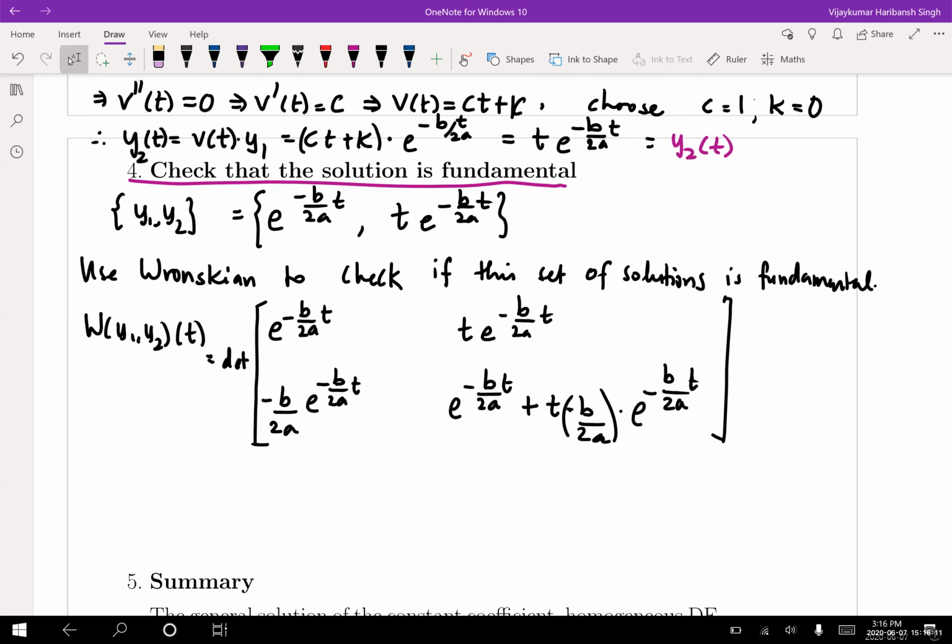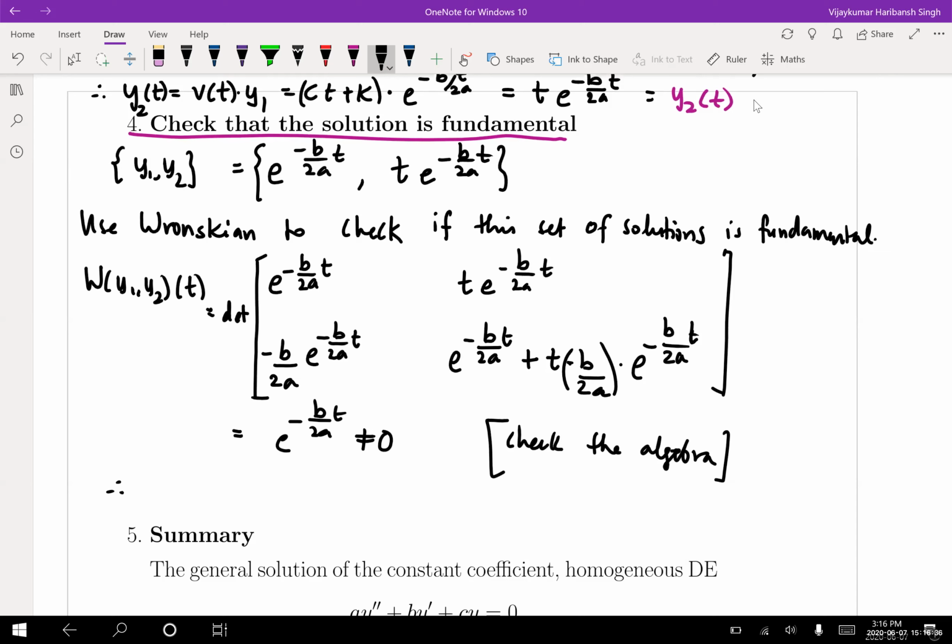Now, if you check the algebra, you will see that this is going to be e to the power minus b by 2a t, which is non-zero. So check the algebra. Therefore, since it's non-zero, this means y1 and y2 form a fundamental set.